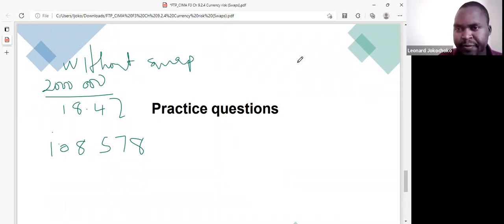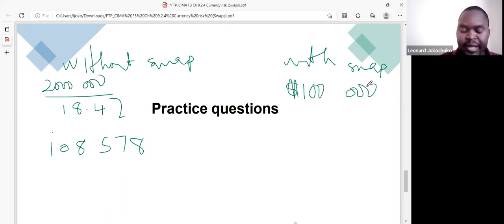With the swap, after arranging the swap, they got their $100,000 according to the swap. We also saw that because they exchanged the 400,000 only at the current exchange rate of 18.42, they got 21,716.